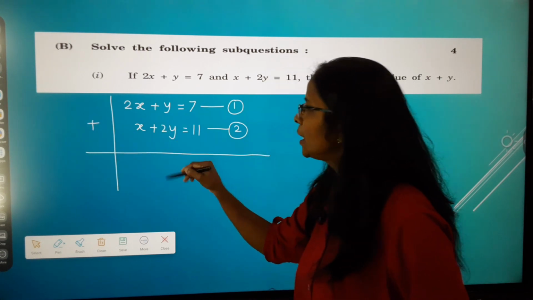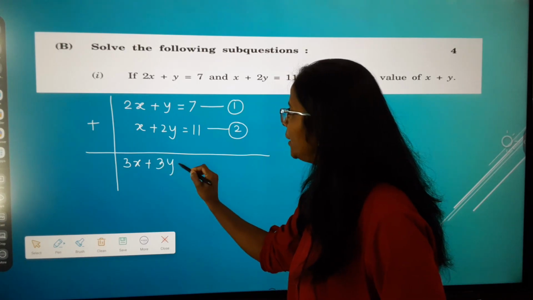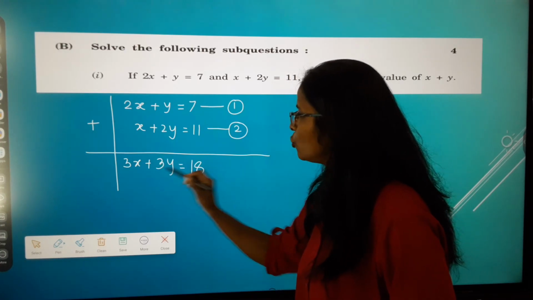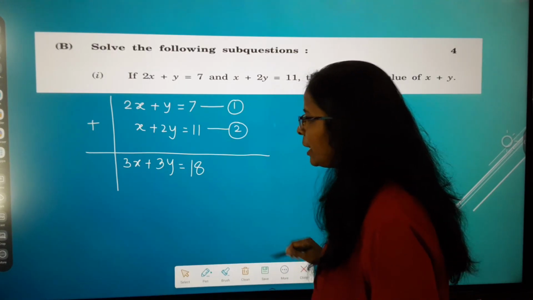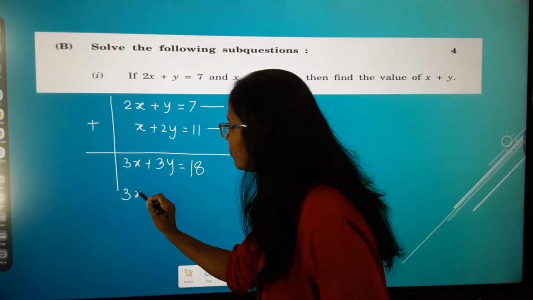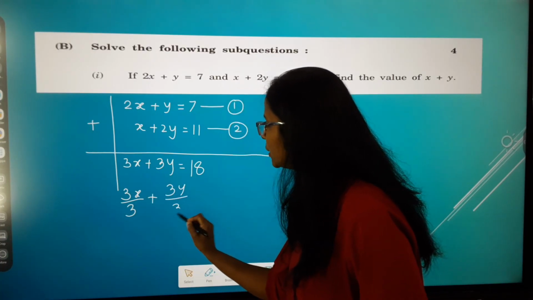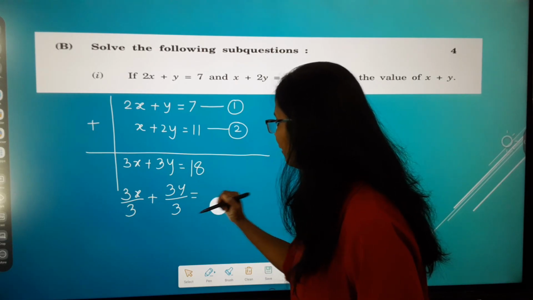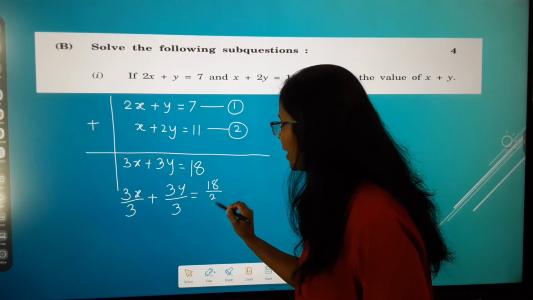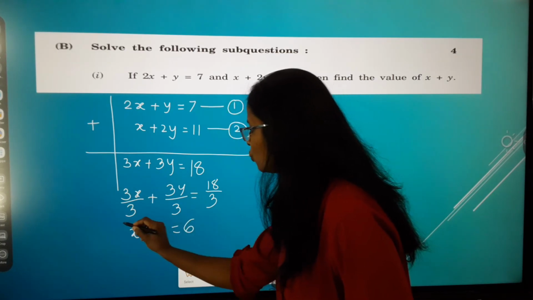After adding these equations, here 3x plus 3y, and here that is 18. So now these 3 and 18 come in the table of 3, so we divide both sides by 3. After dividing by 3, we have x plus y is equal to 6 students.